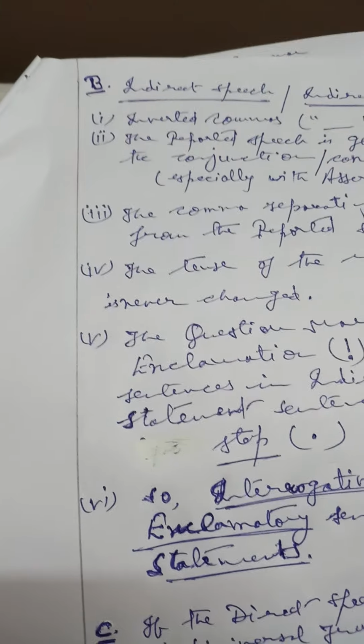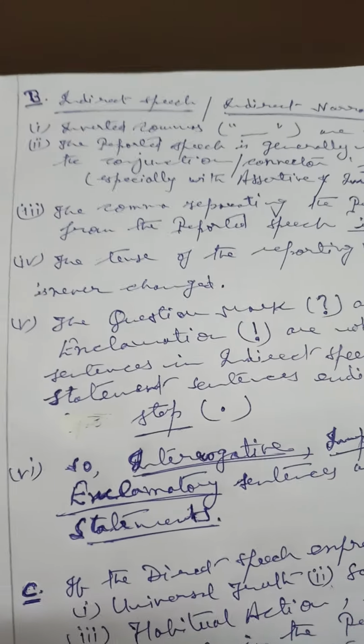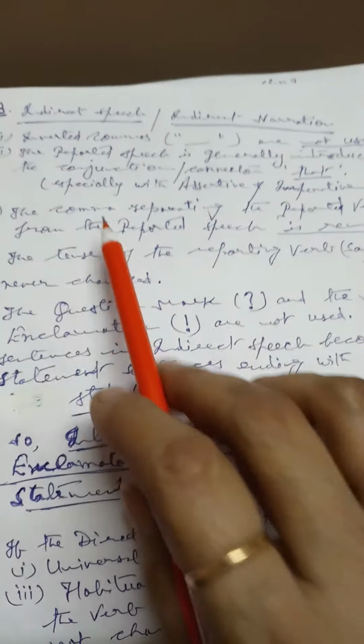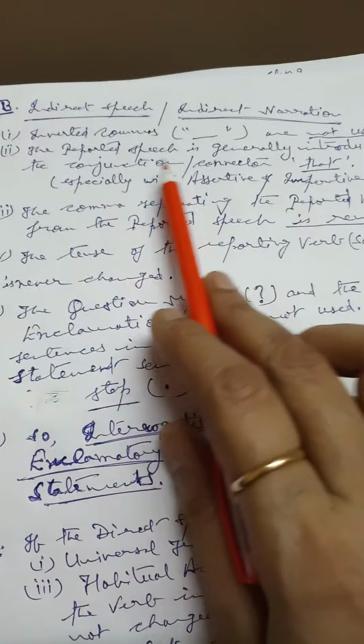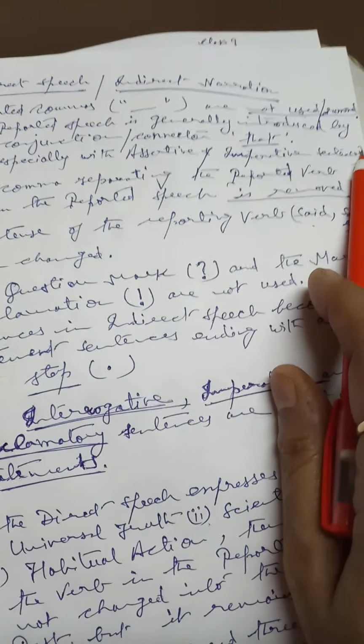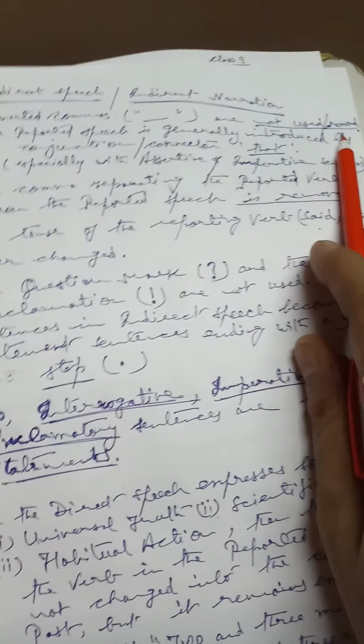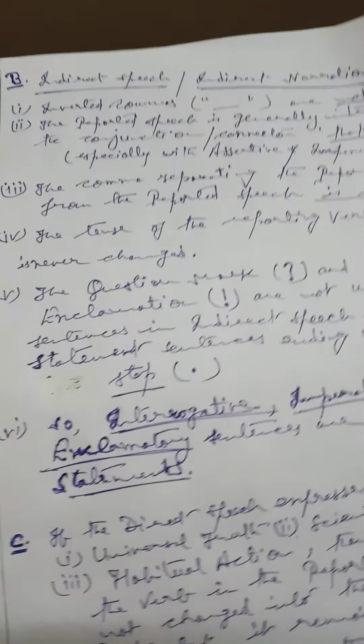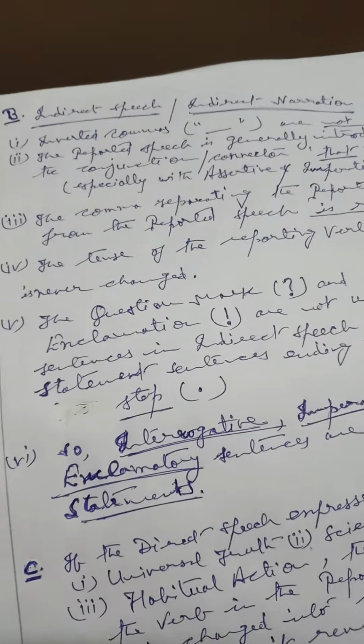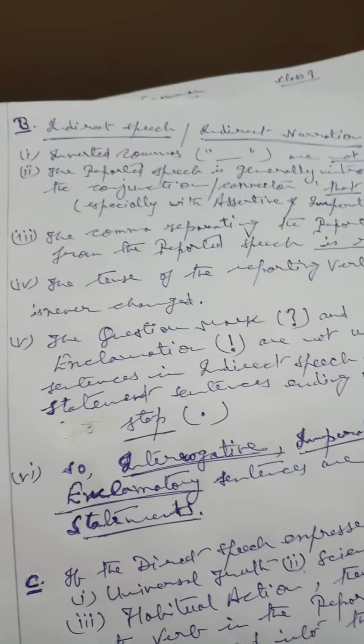Now, the rules for indirect speech, or indirect narration. First rule, inverted commas are not used; they are removed when we convert a sentence from direct to indirect.